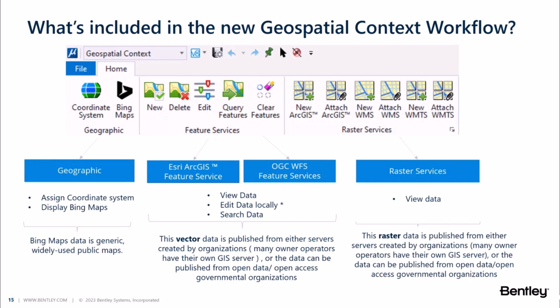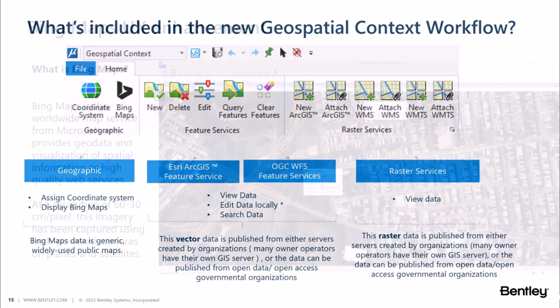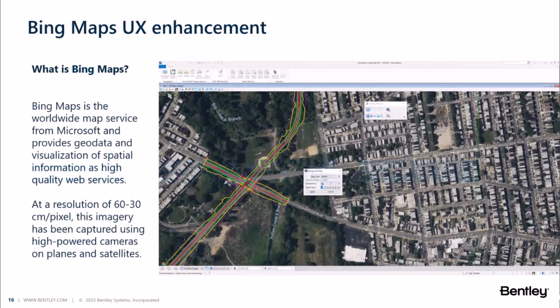Public servers from open data do not require any credentials. Adding Bing Maps as a background map provides a visual representation of the geographic context in which your design or data is located. This context is essential for understanding how your project interacts with its surroundings.